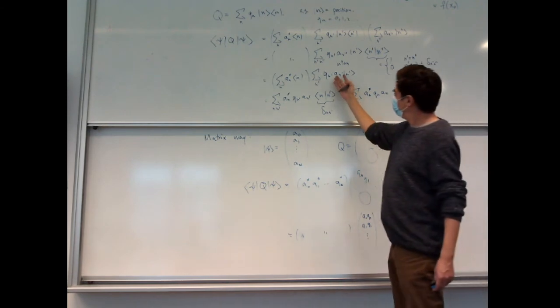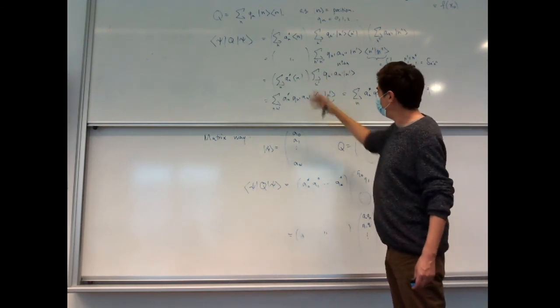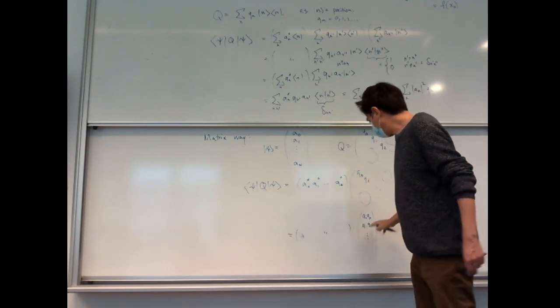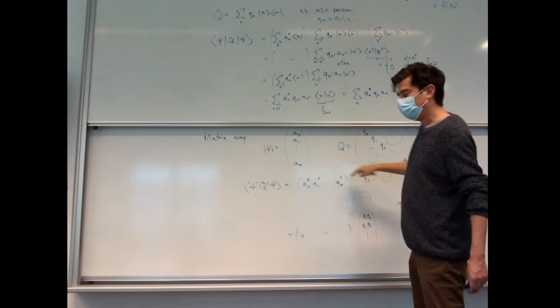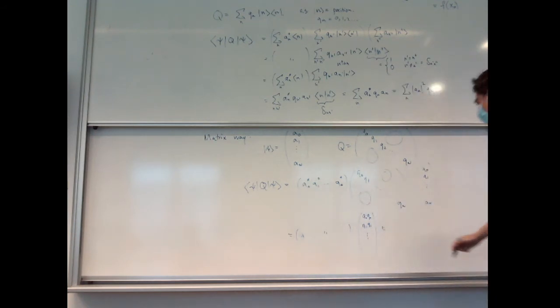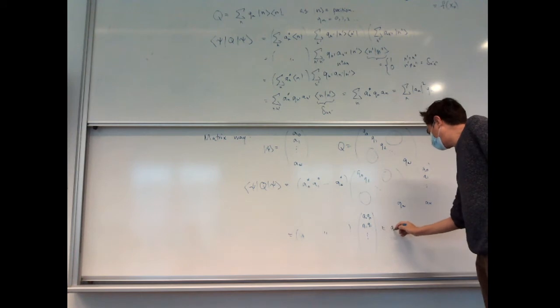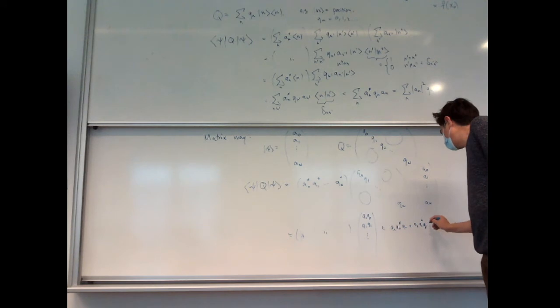And then the second multiplication that we're doing here is actually just the multiplication of this one with this row vector. So when you do that, you can see that you're going to get some stuff like A0 star, Q0, plus A1 star, Q1.